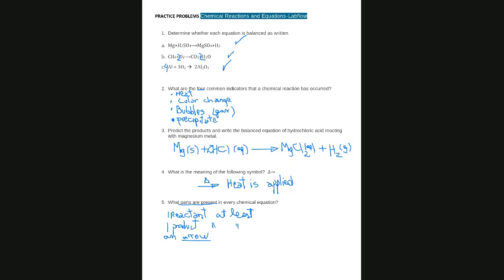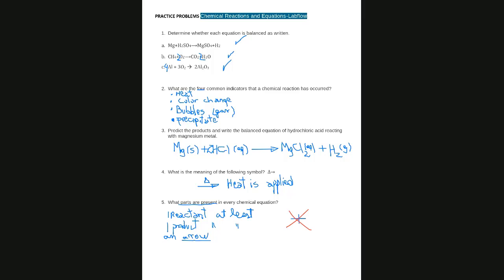Are you always going to have a plus sign in a chemical equation? What do you think? Sometimes. Sometimes, correct. Not always. You have to have either more than one reactant or more than one product. So that means that the plus is not necessarily present in an equation, but an arrow, yes.